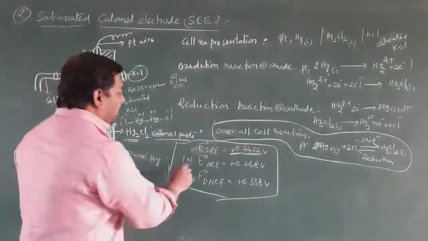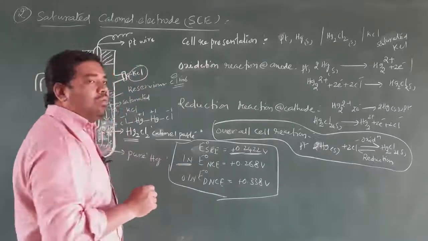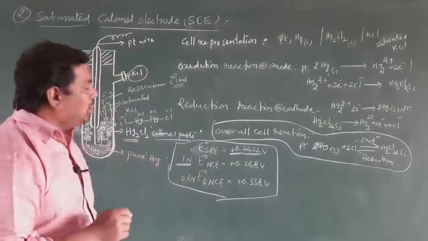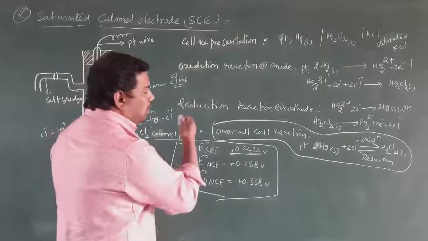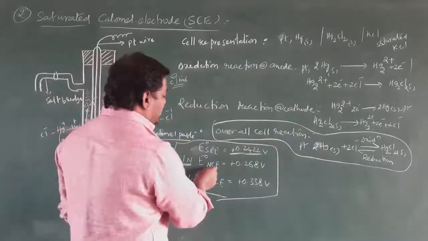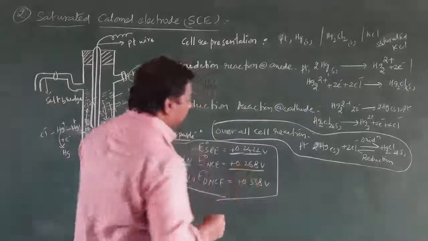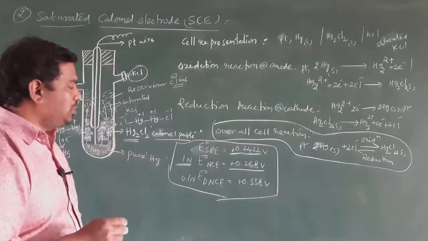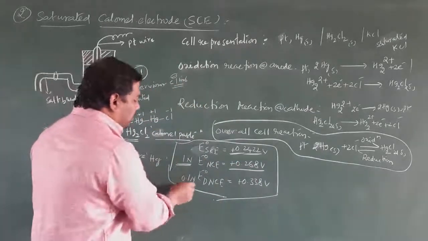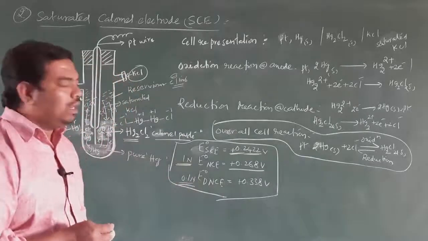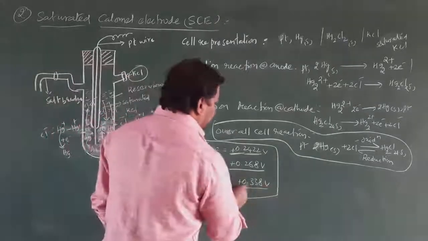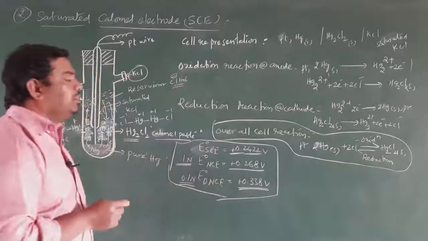If we are taking one normal potassium chloride, then it is a normal calomel electrode, and the value is equal to plus 0.268 volts. If we are taking 0.1 normal, then the value is equal to plus 0.338 volts.